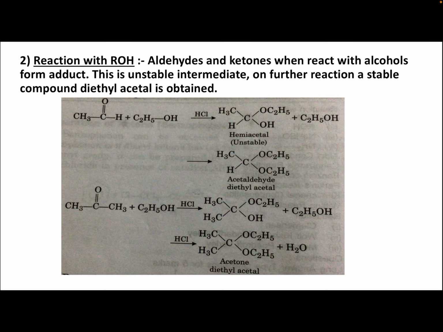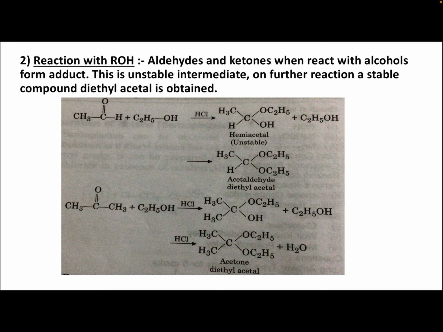Next, reaction with ROH. Aldehydes and ketones when reacted with alcohols form an adduct. This is an unstable intermediate and on further reaction a stable compound, diethyl acetal, is obtained. So here in the first example, CH3C double bond OH, this is acetaldehyde, plus C2H5OH ethyl alcohol in the presence of HCl, we are getting an unstable hemiacetal. So on the carbon atom CH3, H, OH and OC2H5, plus C2H5OH.